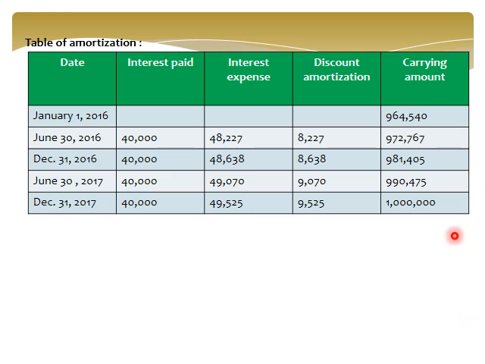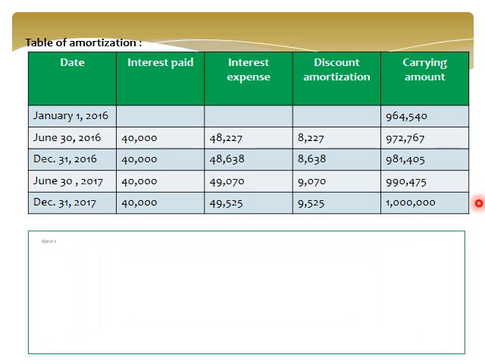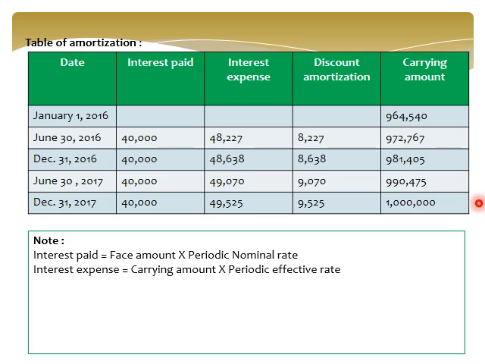Okay, we have the table of amortization na pinrepair na natin kanina. So, note, interest paid is equal to the face amount times periodic nominal rate, kagaya na na-discuss natin kanina. Interest expense is computed as carrying amount multiplied by the periodic effective rate, and the discount amortization is the difference between the interest expense and the interest paid.